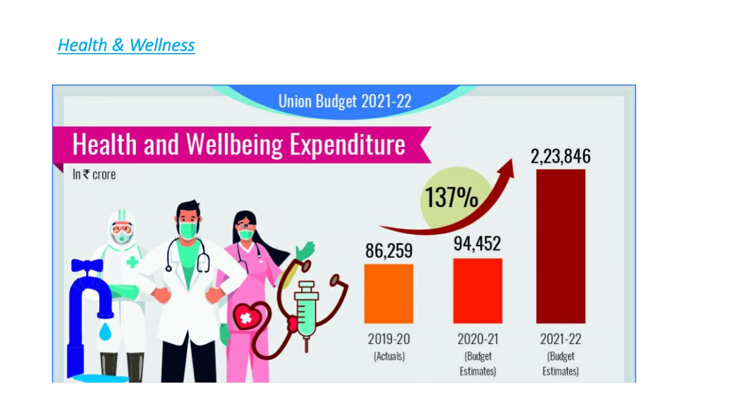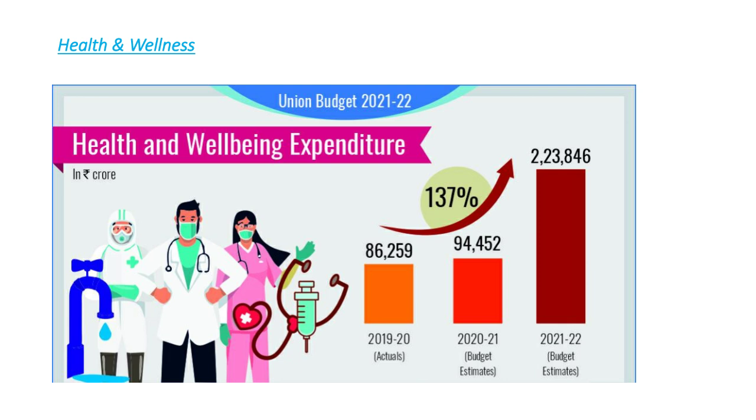That is, in figures, 2,23,846 crore rupees the government has proposed to spend in the next financial year, that is 2021-22.